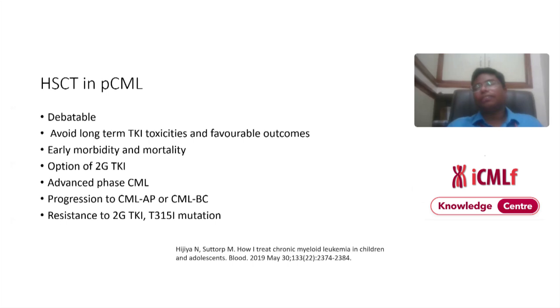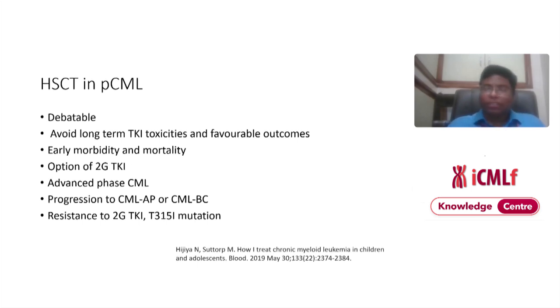The pros of going for a hematopoietic stem cell transplant are that it will avoid long-term TKI toxicities, and with the current advancements in transplant, the outcomes are favorable with more than 90% survival. However, the drawbacks are that there are chances of early morbidity and mortality.